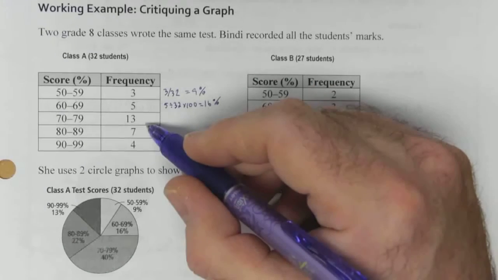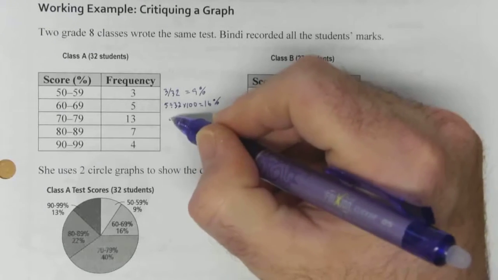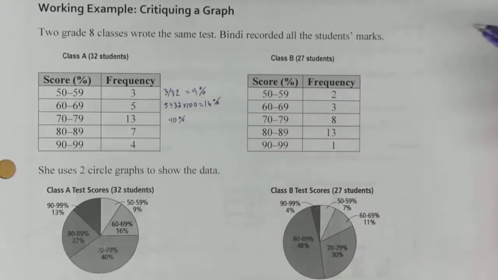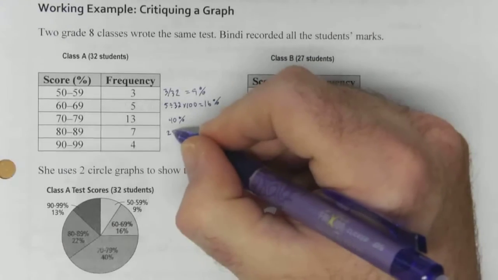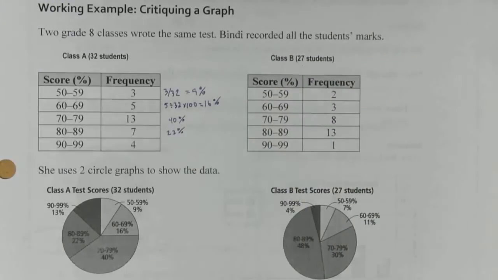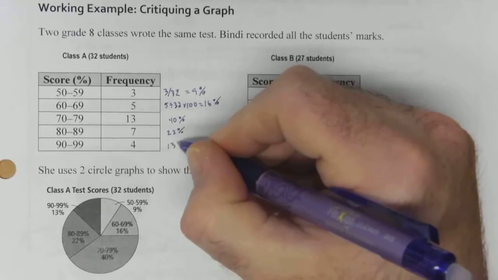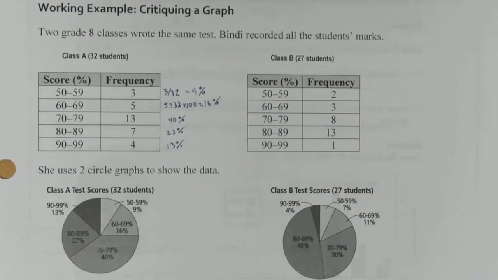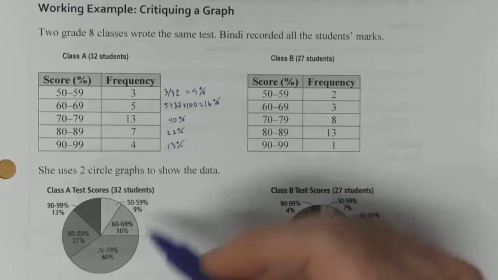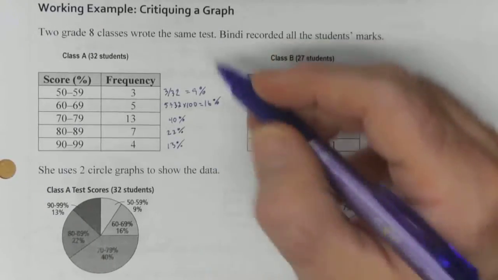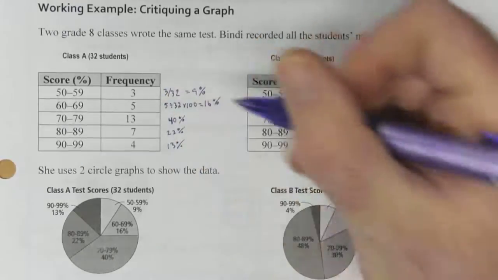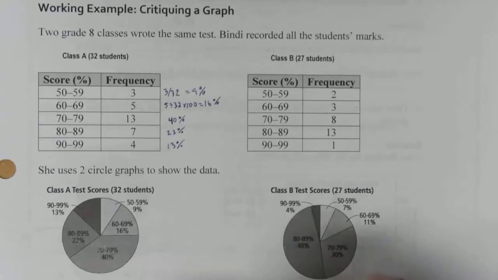And then in the 70s, we've got 40%. In the 80s, it was 22%. And then 13% in the 90s. So then she's taken those percentages and she's graphed them on the circle.